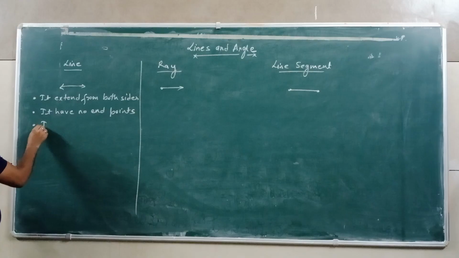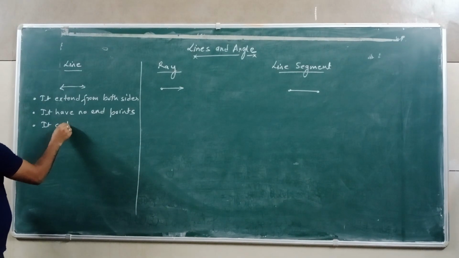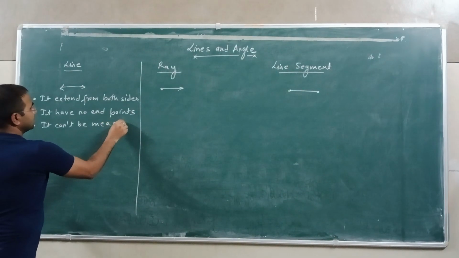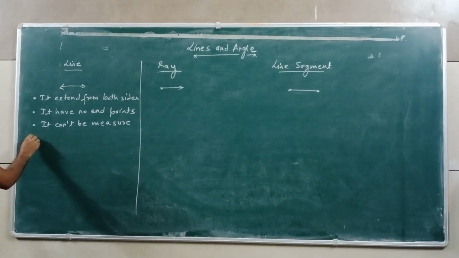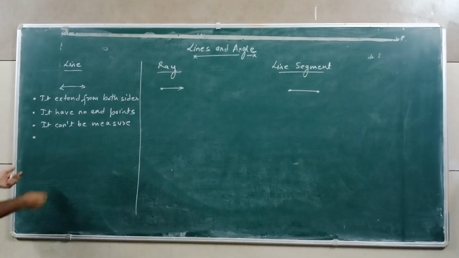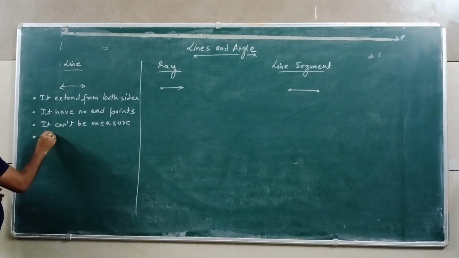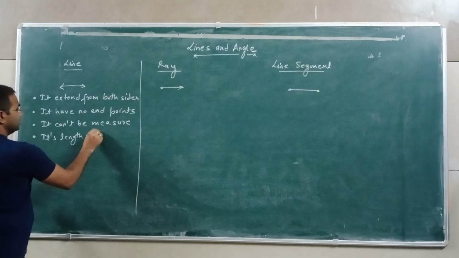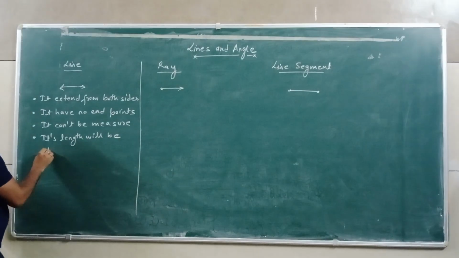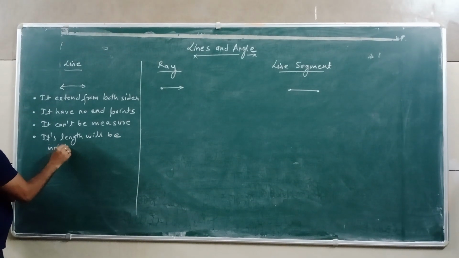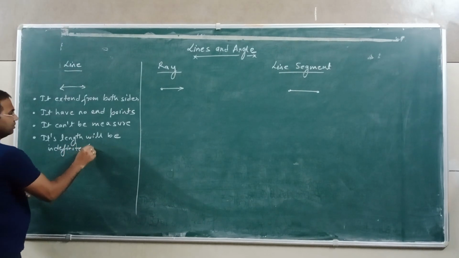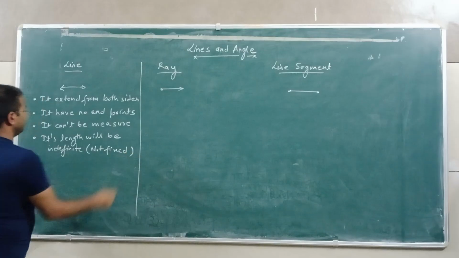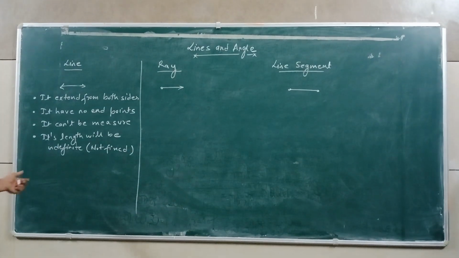Third thing, it can't be measured. Now see, if you can't measure this, then its length will be indefinite. Indefinite means not fixed. Its length will be indefinite, not fixed.